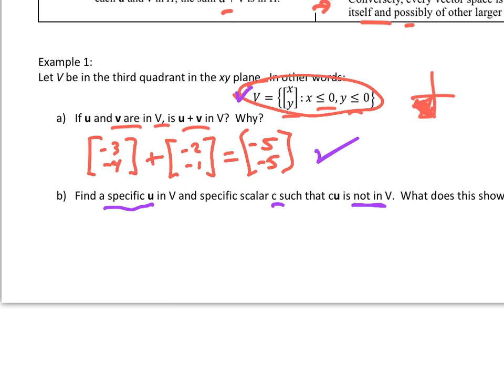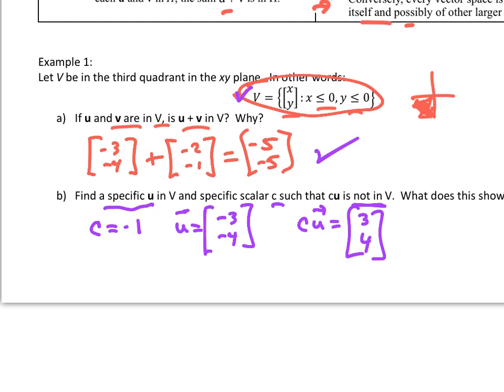So what happens then? What if I let c equal negative 1, and I take some u being (-3, -4)? What happens when I do c times u? That's going to be equal to (3, 4). So when I do this, am I still in this possible vector space V?